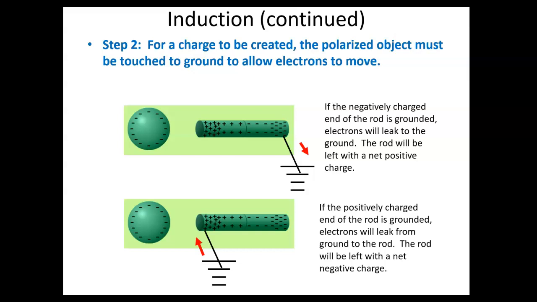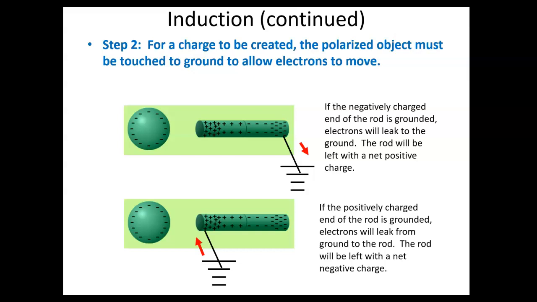If you grounded a neutral rod where all of the charges were evenly distributed, electrons would not move because the Earth is neutral and the rod is neutral. Okay, so the top picture shows electrons leaving through the ground wire, and so we're creating a positively charged rod.